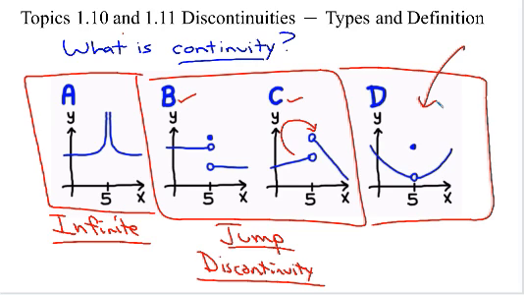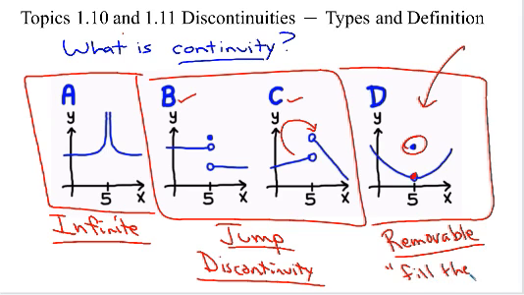If I were somehow able to fill it in there, wouldn't it now be continuous? So this one is called a removable discontinuity because it is conceivable that we could fill the hole to make it continuous.